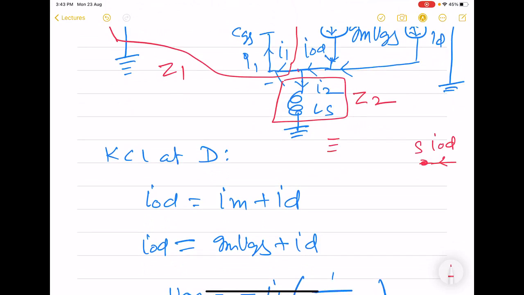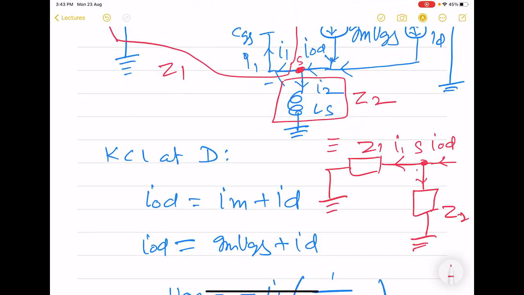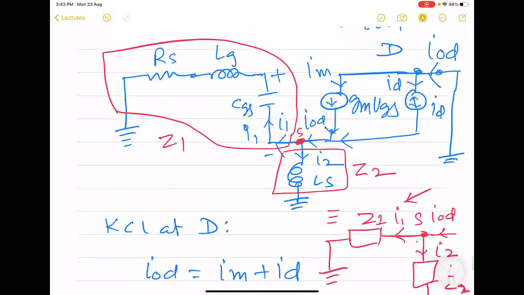This node is a source, splitting into two impedances, Z2 and Z1. This one is I1 and this current is I2. We are looking for the expression of I1 in terms of IOD and Z1 and Z2, which are known. Z2 is only this LS inductor, but Z1 is the series of CGS, LG and RS.